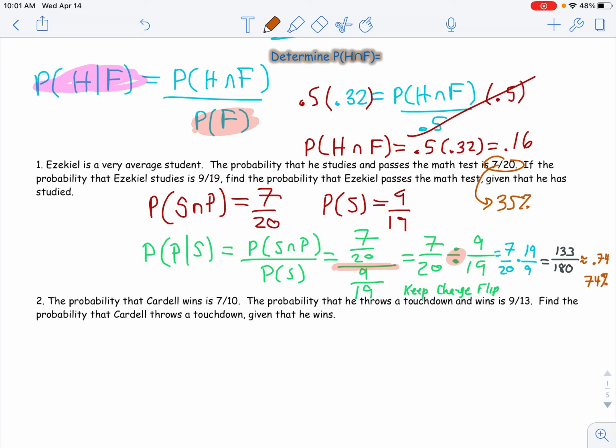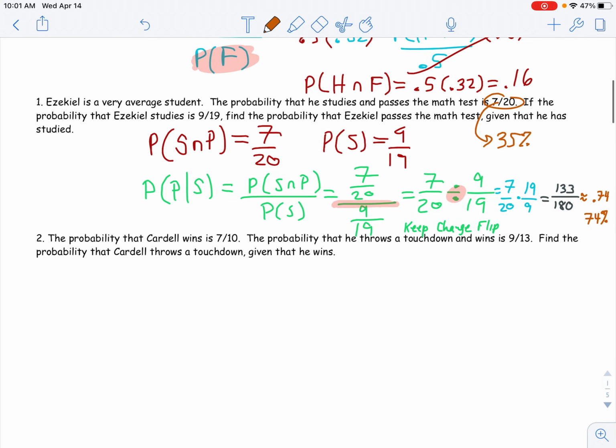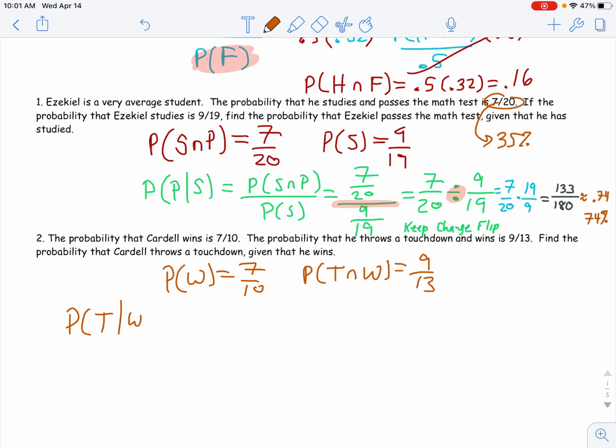All right, the probability that Cardale wins is 7 out of 10. The probability that he throws a touchdown and wins is 9 out of 13. Find the probability that Cardale throws a touchdown given that he wins. All right, so we need the probability that he scores a touchdown given that he wins.